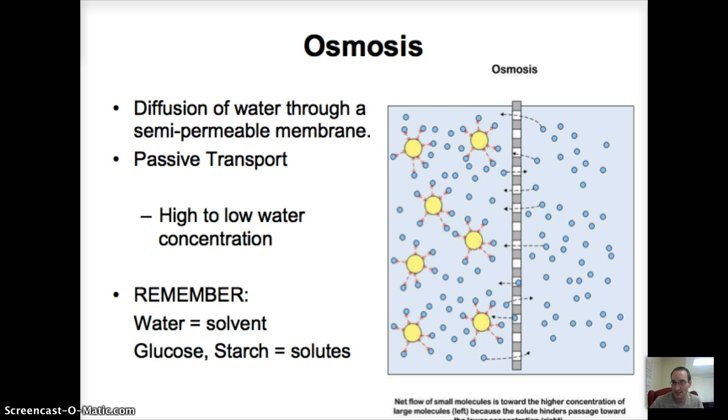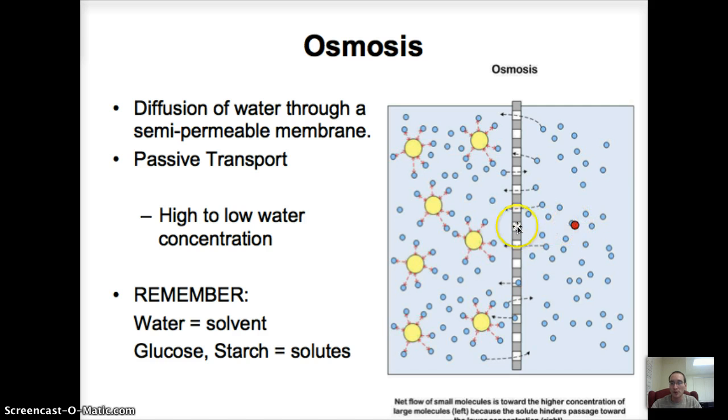So for our case today, our semi-permeable membrane can let water through, and all of these little orange or yellow particles, we'll say that's a glucose or a starch, all of these cannot pass through because they're too big.